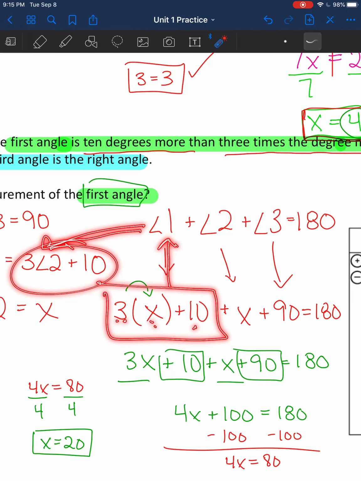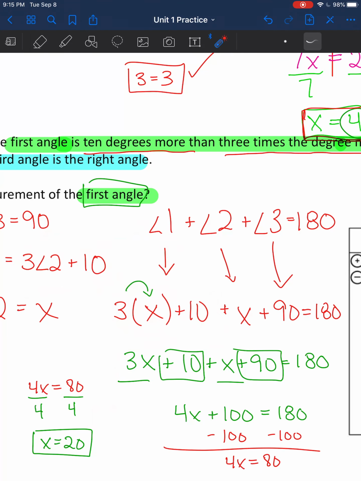Well, 3 times x, I know x we just found out is 20. So this is saying 3 times 20, which is 60, and then add 10 to that. So 60 plus 10 makes 70, and that's going to be the measurement of angle 1. So here, angle 1 is 70 degrees.